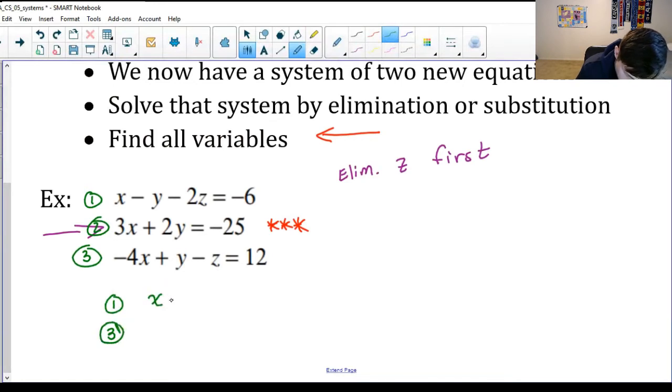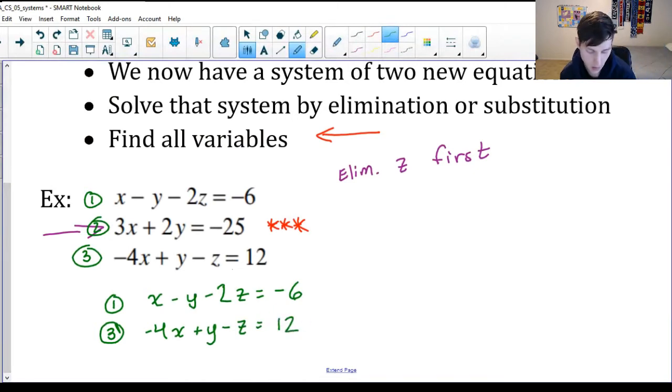I'm just going to rewrite those again down here. I didn't change them at all, just exactly rewrote them how they were.